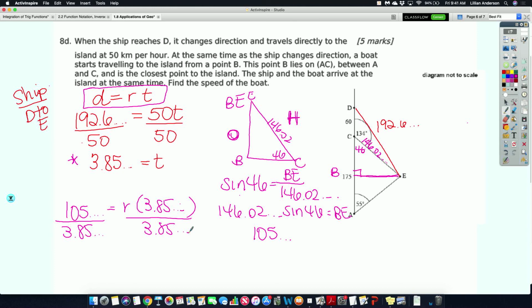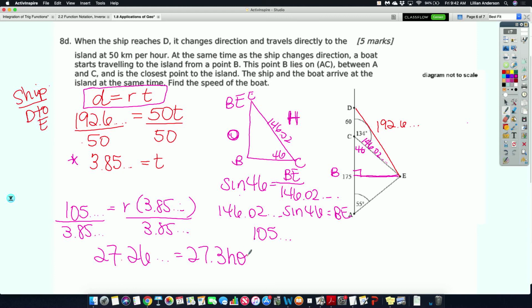So, what is 105 and the rest divided by that 3.85 number? 27.3. Which would be 27.3, and what's the unit here? Per hour?